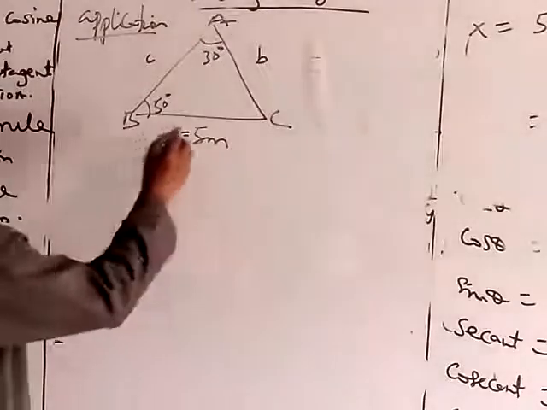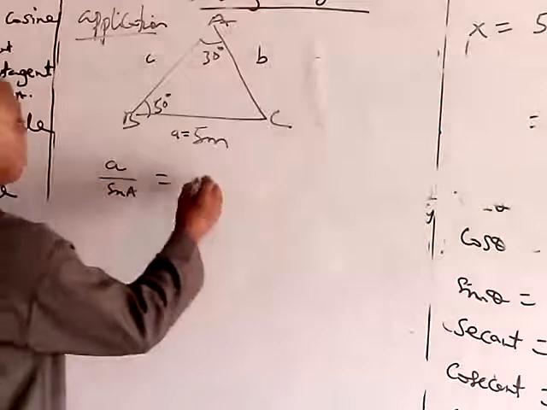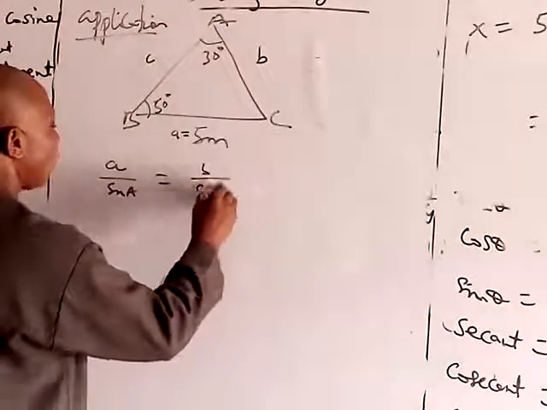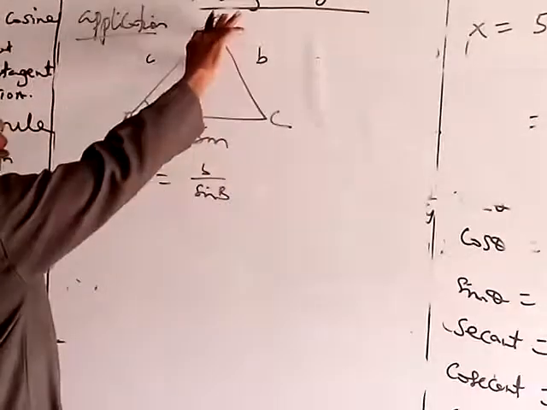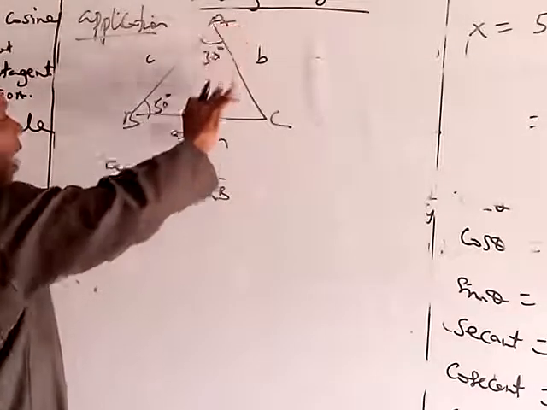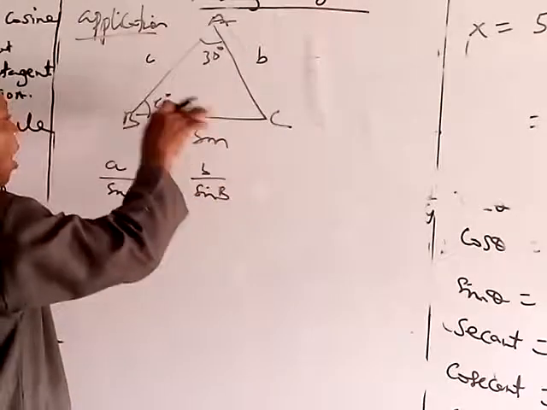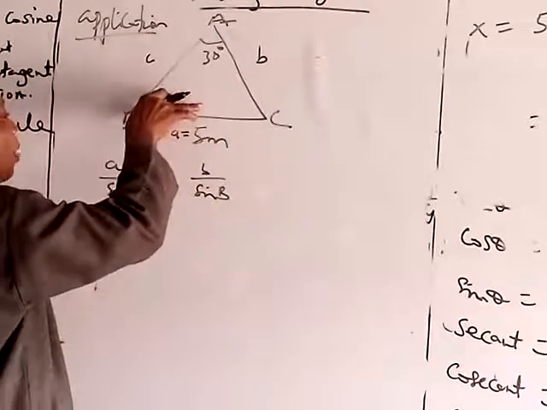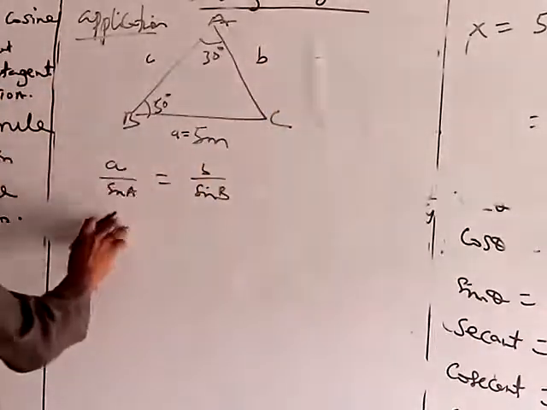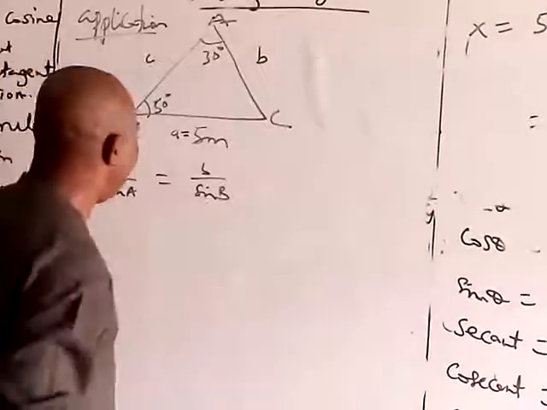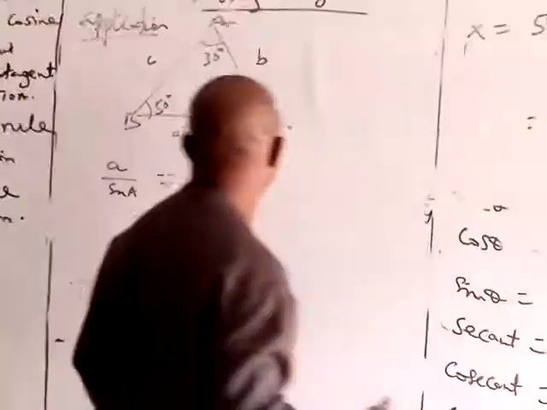Now we can use the relation a over sine A is equal to b over sine B, because we are given the matching pair here, that is angle A and side a, and we are given angle B, but we are not given side b. So that's the main reason why you use a over sine A is equal to b over sine B.